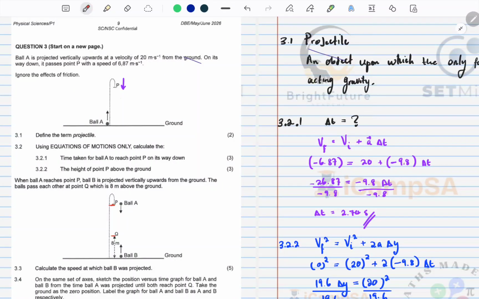So when ball A is here, ball B is at the ground. Then they get projected, and then they meet. That's why we're using the time for ball A.